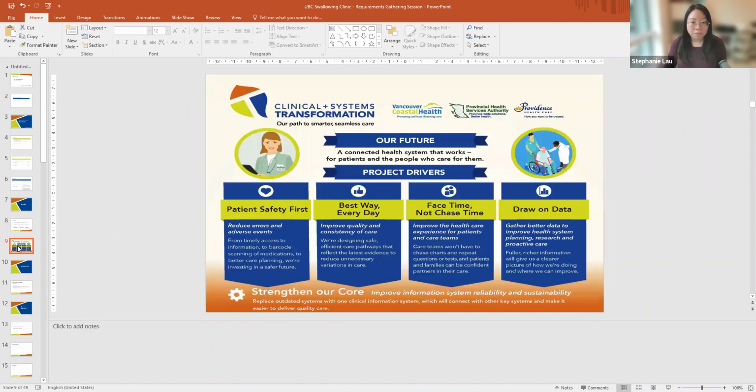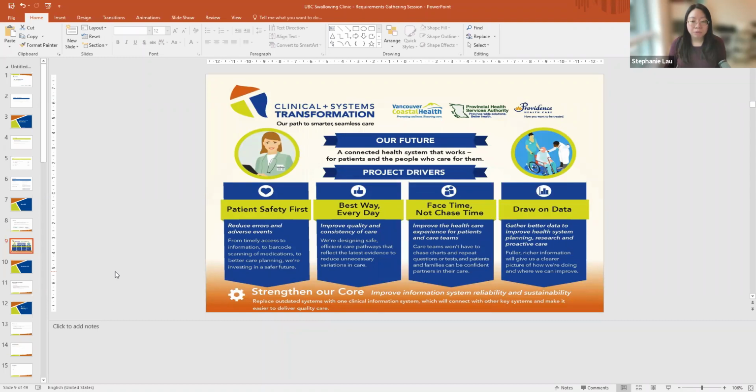Some of the drivers of the CST project: we want to make sure that patient safety is always first. We hope that with the CST system, we can reduce errors and adverse events, and improve quality and consistency of care, the best way every day. Face time, not chase time.